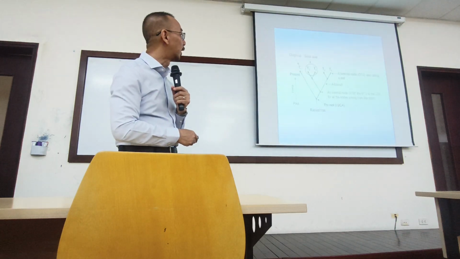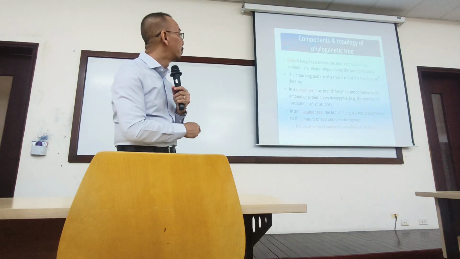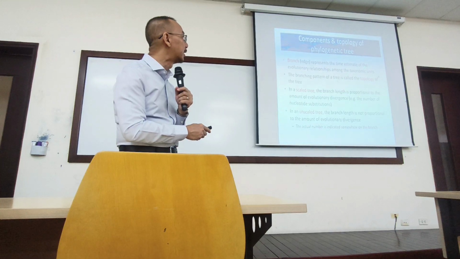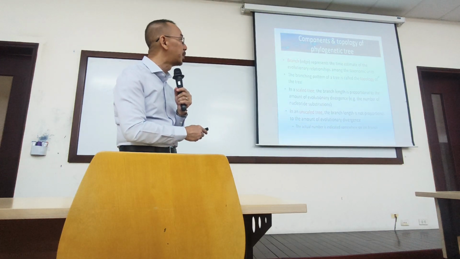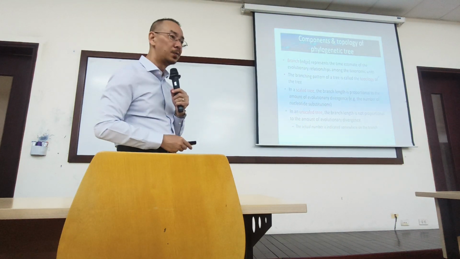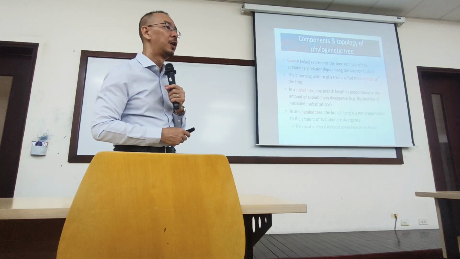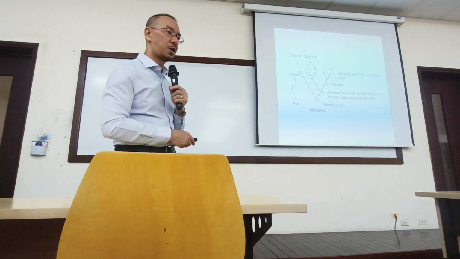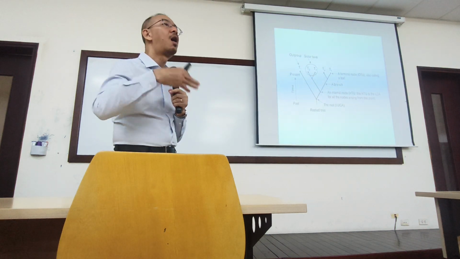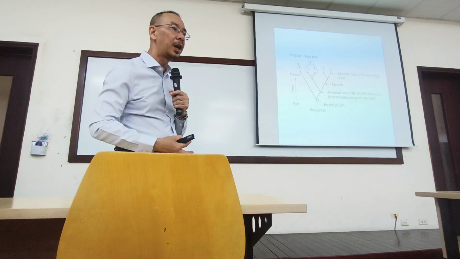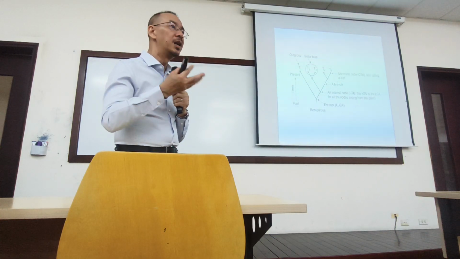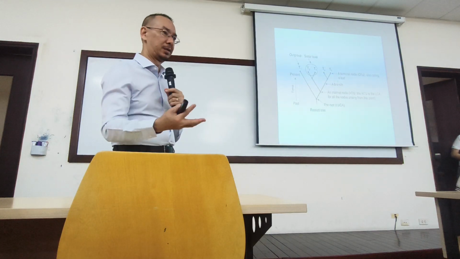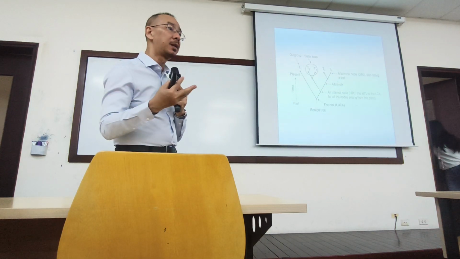Range, the second one, represents the estimated time of the evolutionary relationship among the taxonomic units. Based on the branch being long or short, it represents how long ago. 500 million years ago, 100 million years ago.